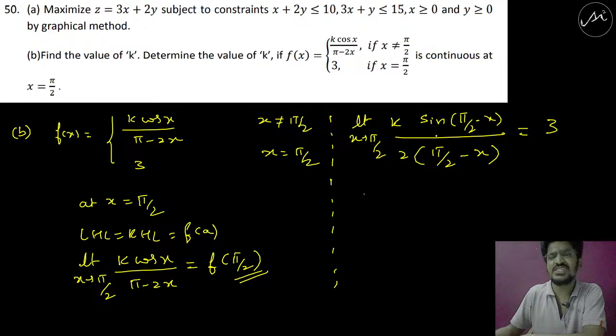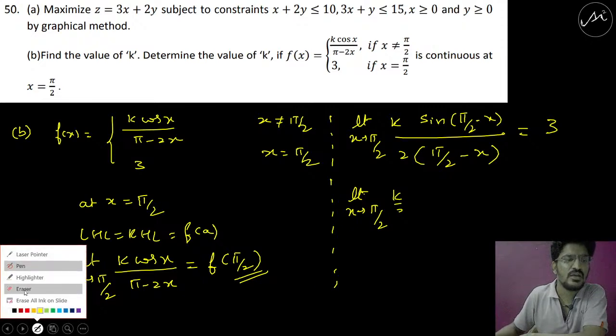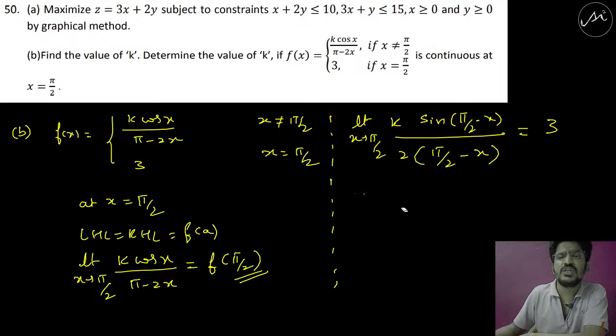So now you can just see here sine theta by theta will be 1. So therefore limit x tending to pi by 2, K by 2 is constant.